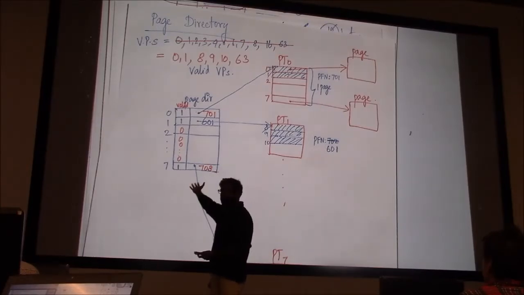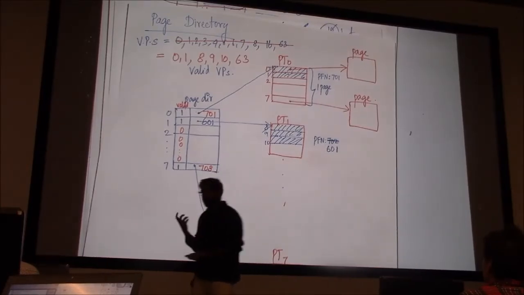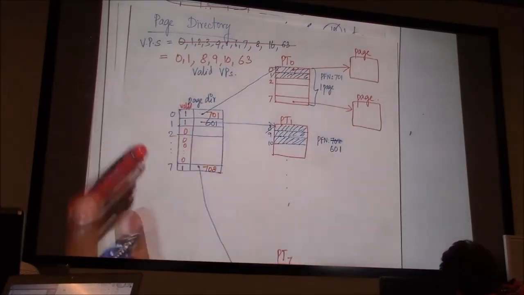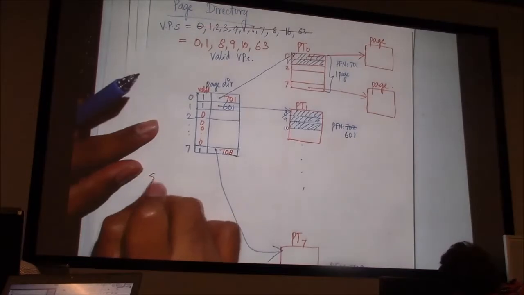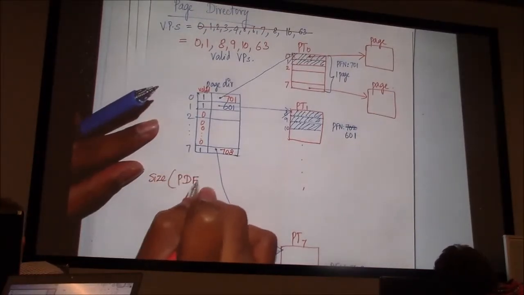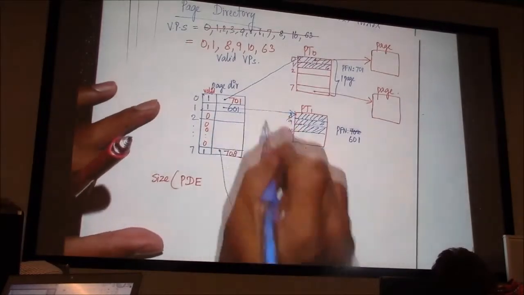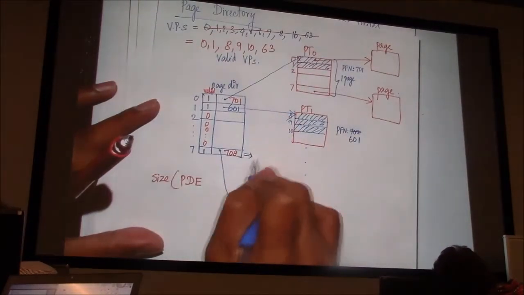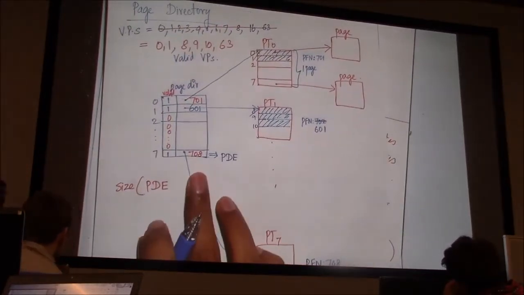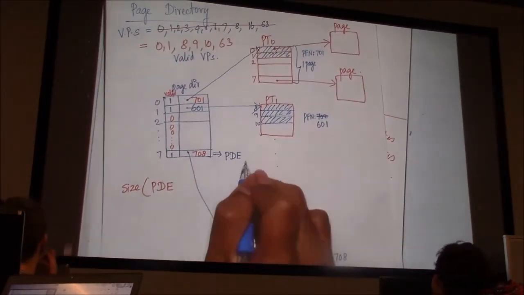And what is the size of this page directory? It depends, because usually the entries that we have here are called page directory entries. Very similar to page table entries, we call them page directory entries.